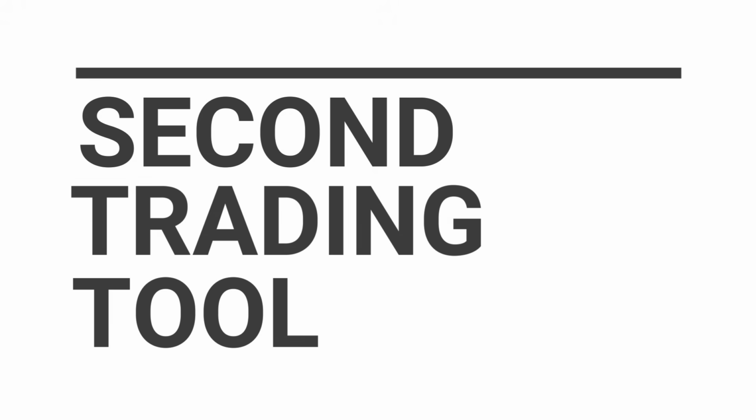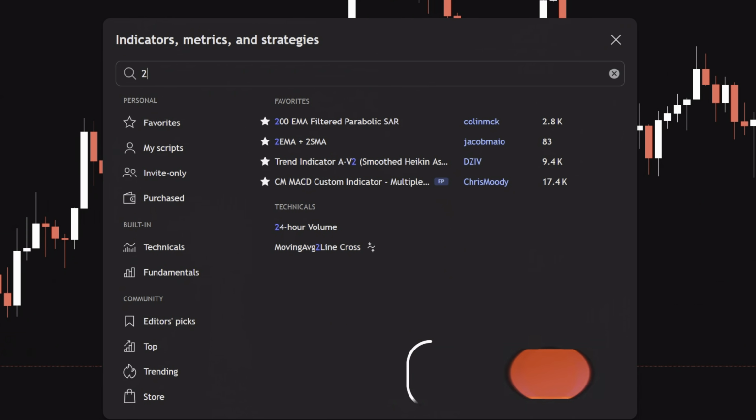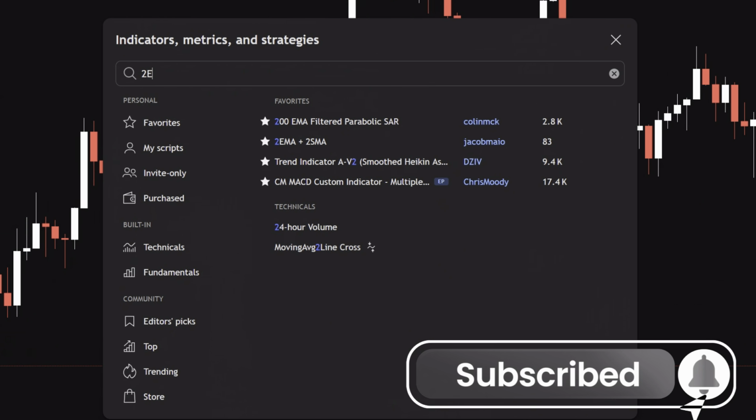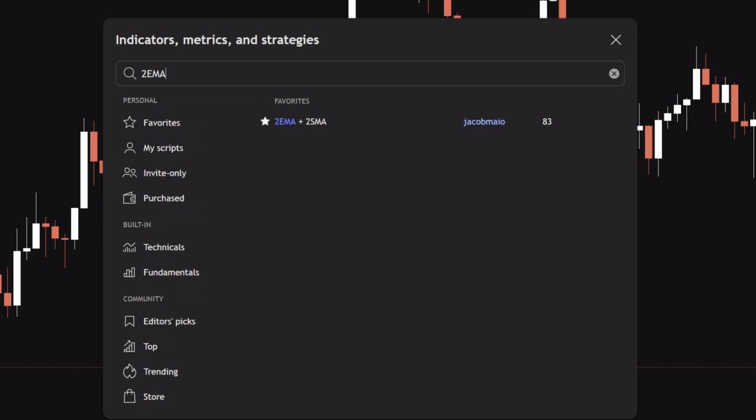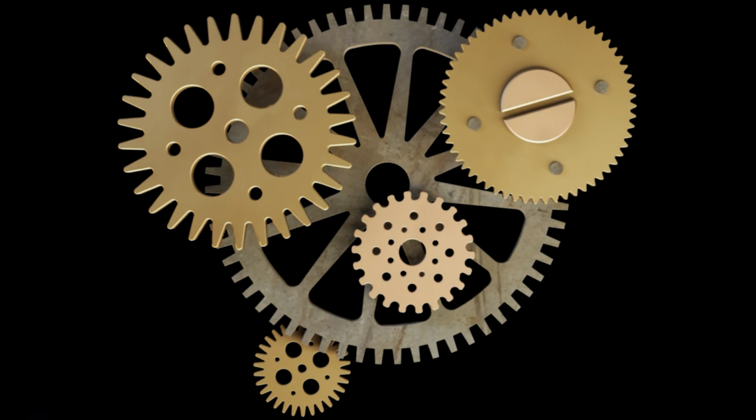That's where the second indicator comes in, a combination of two EMAs and two SMAs. The default settings are garbage.